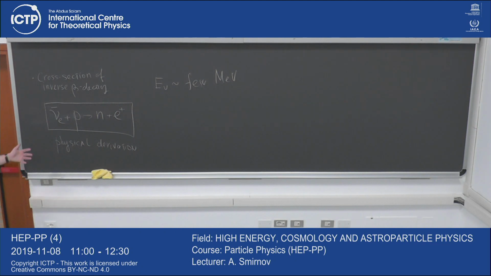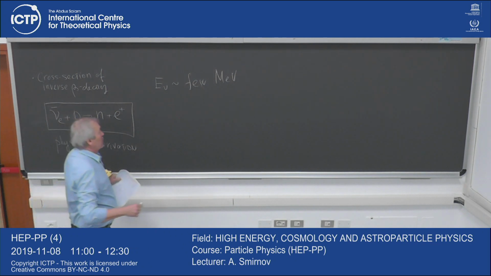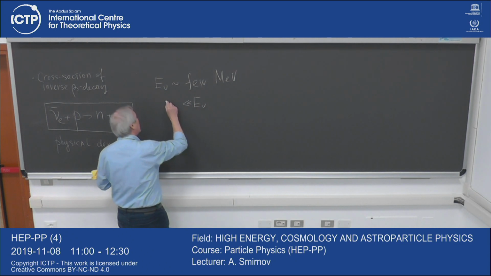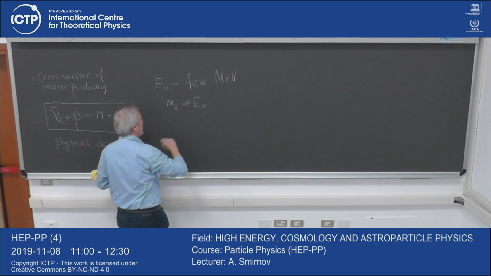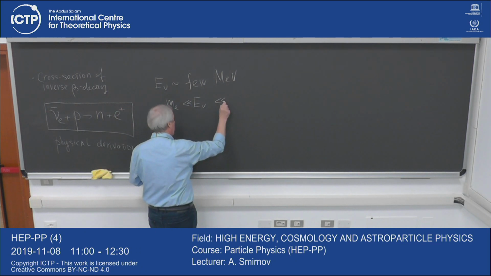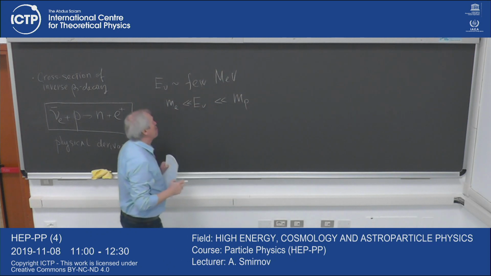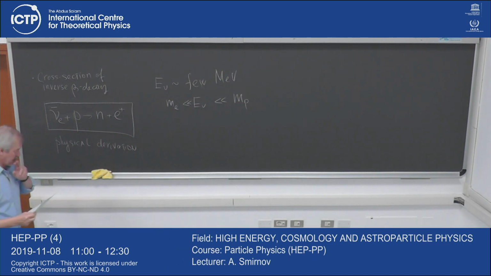Actually, this reaction has been used to discover neutrino eventually. So this means that we have energy of neutrino which is much bigger than the mass of the electron and much smaller than the mass of the proton. And we will use this circumstance.